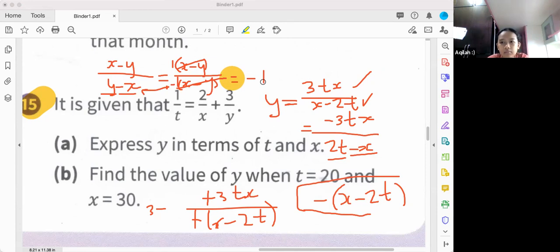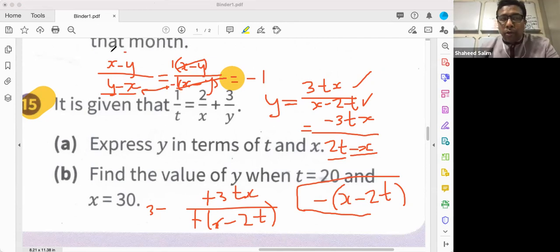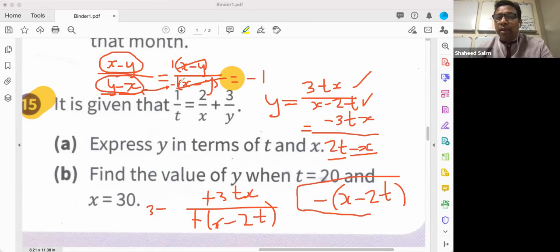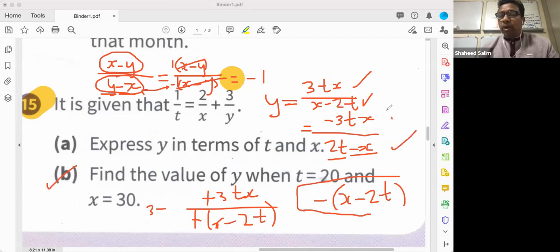So although it looks different, actually it's the same. But you can switch around and then you can simplify further. Okay, you try to solve B then. So your answer is acceptable, huh?